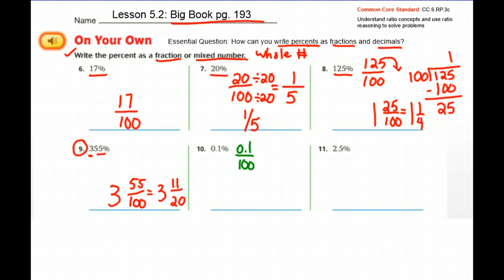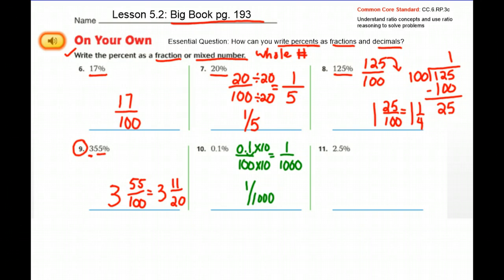And then I'm going to decide what I need to multiply. Since my 1 is in the tenths place, in order to get this to be a whole number, I need to multiply by 10. And I'm going to create an equivalent fraction, so I'm going to multiply the top and bottom both by 10, and that's going to get me a fraction of 1, because I bounced it 1 space to the right, over 1,000. Final answer, 1/1000.